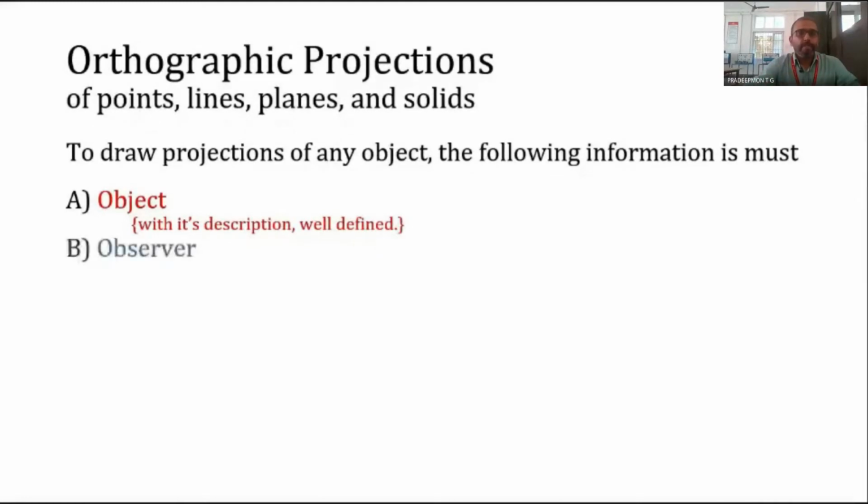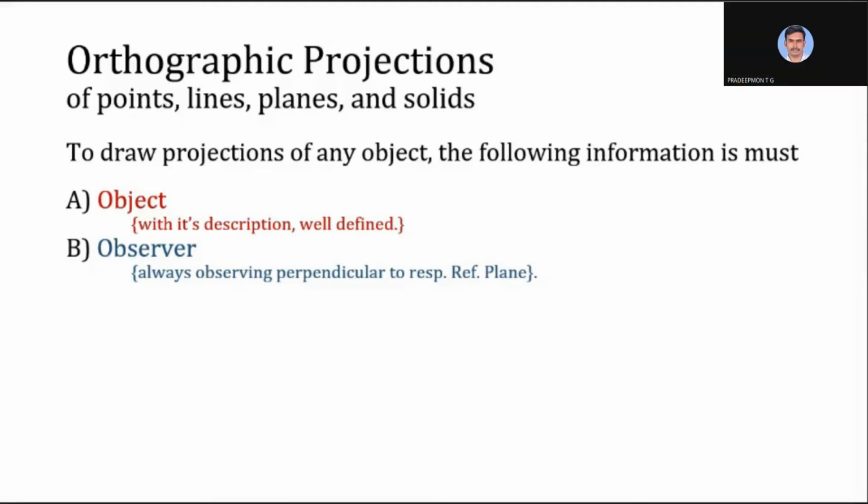The second one is the observer, the person who is observing the object under consideration. In our orthographic projections, the observer will always be observing perpendicular to the respective reference plane.